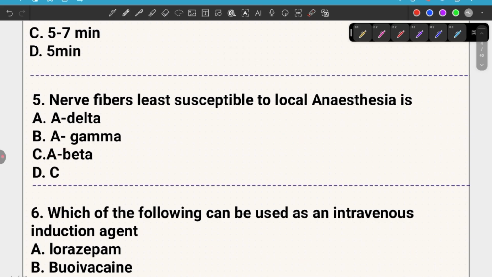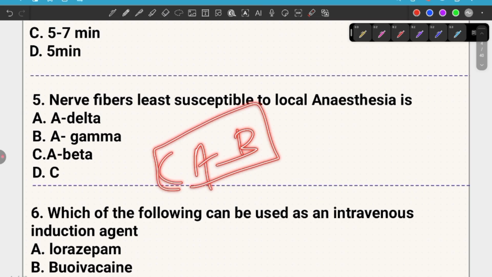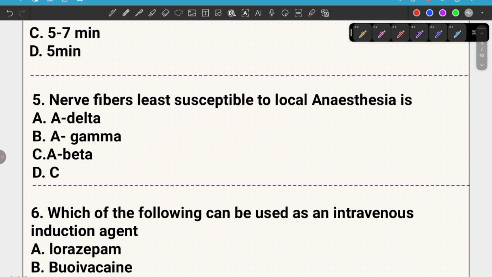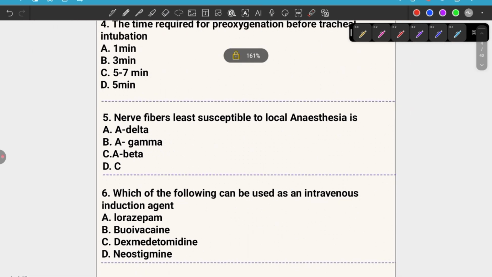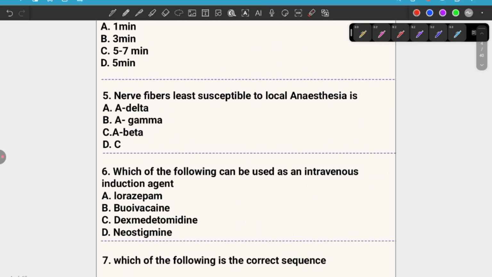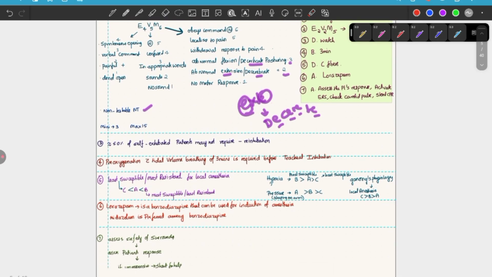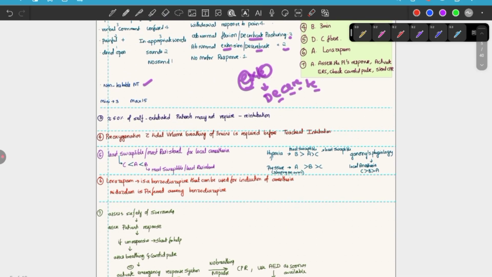Most susceptible is B, whereas A comes in between. It is CAB. Okay, CAB: C for least susceptible, A for intermediate, and B for most susceptible to local anesthesia. That is a controversial question, but you have to remember one of them.